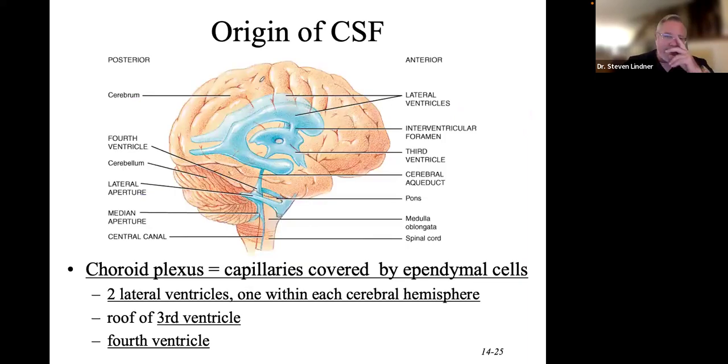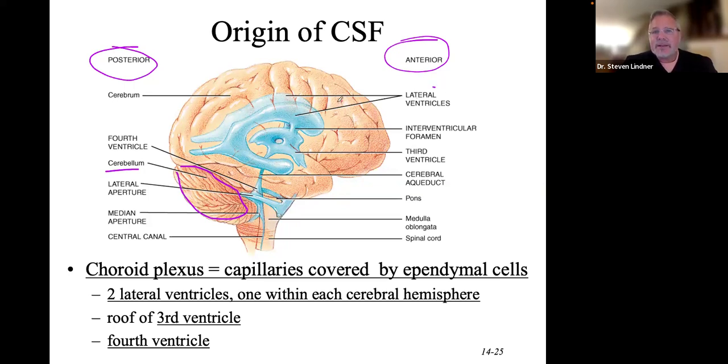When we look at a lateral view of the brain, over here is anterior and this side is posterior. We know it's posterior because right there, this is the cerebellum, right? That's the cerebellum, so that's posterior. Now, deep within that region of the diencephalon, from this view, we can see the lateral ventricles.